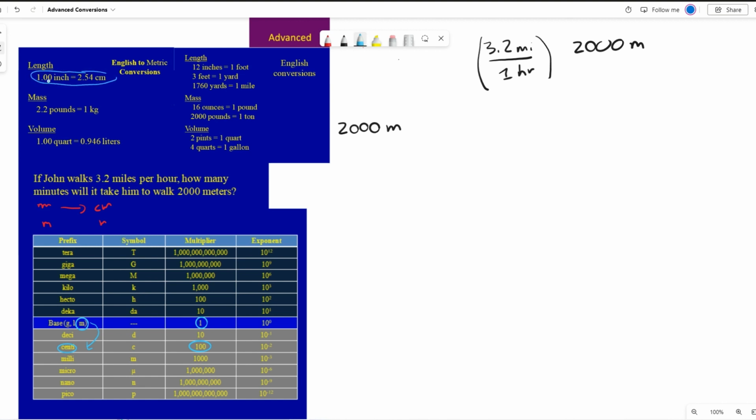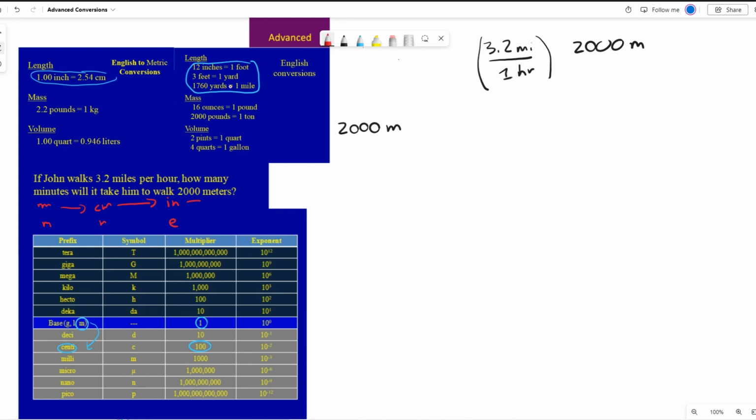So we'll go centimeters to inches. And now we're in the English system once we get to inches. And then once we get to inches, we need to go from inches all the way up to miles. So we're going to use all of these conversion factors in here.